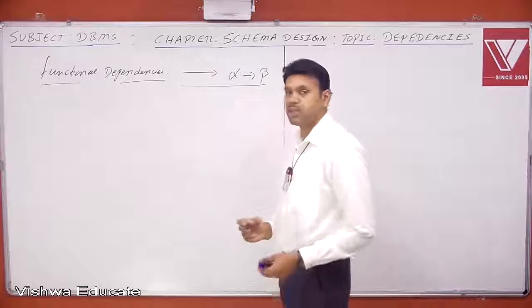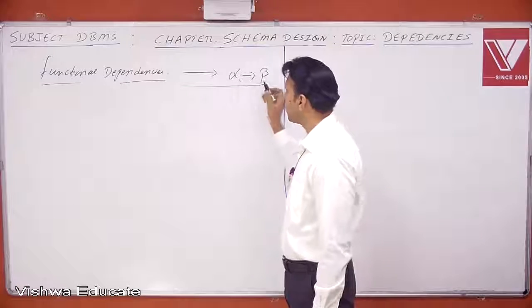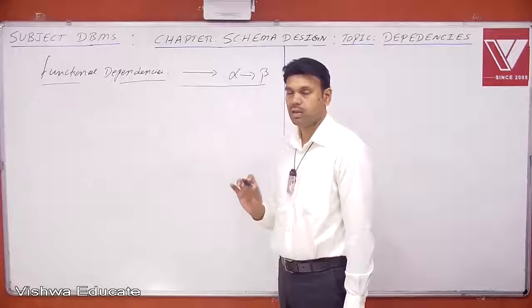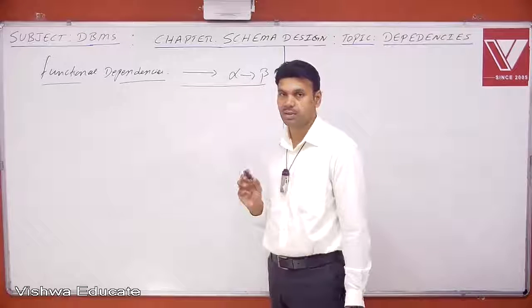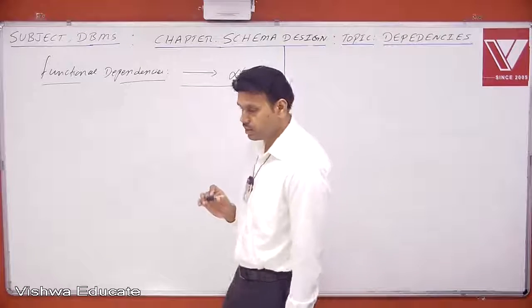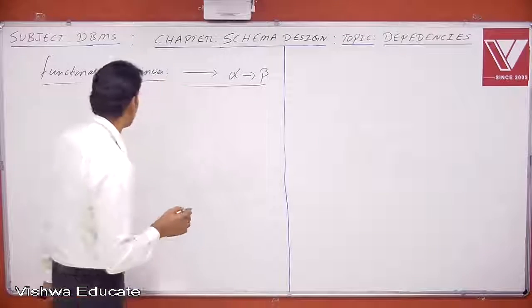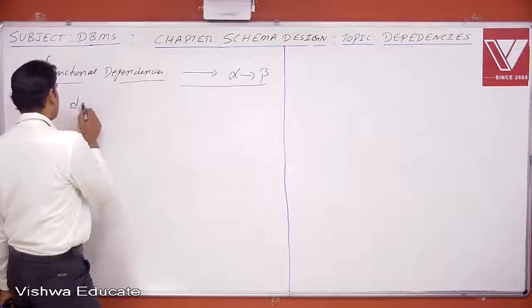Functional dependency is implied by an arrow like this. For example, alpha gives beta, or alpha implies beta, or beta depends on alpha, or alpha determines beta. These are all the different naming conventions.